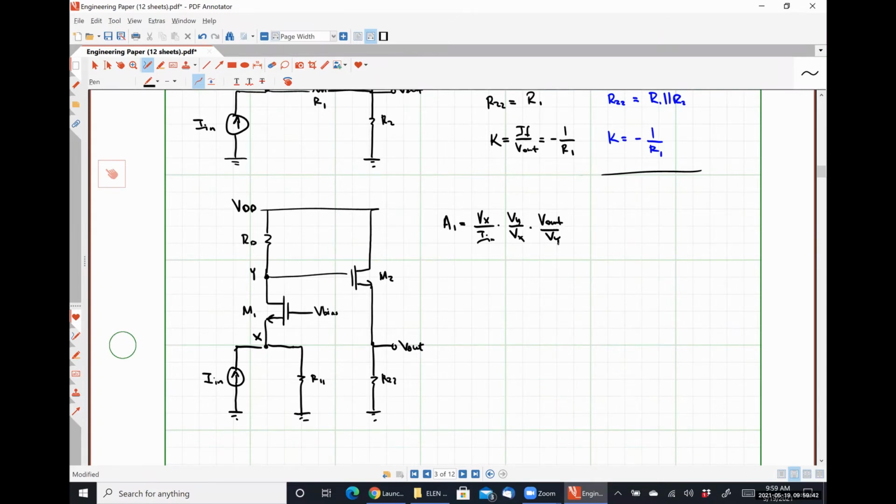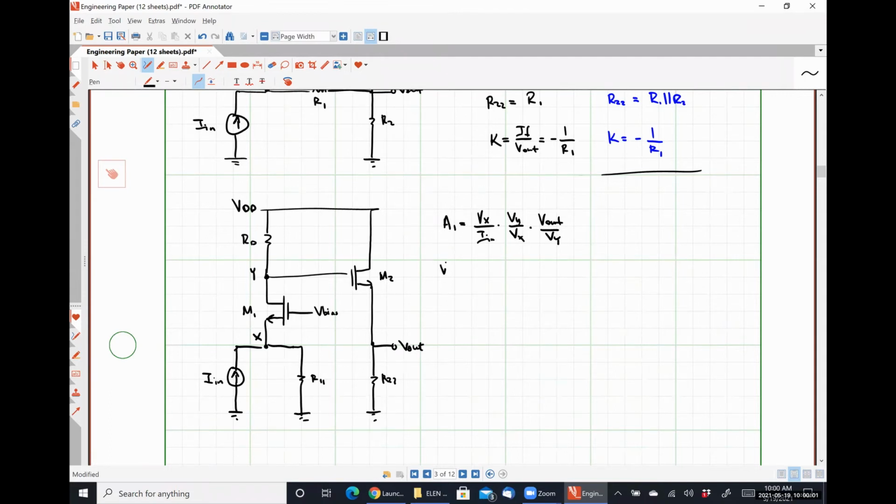So as Brian pointed out on Monday, he was absolutely correct. Our transfer function for our first bit here doesn't matter whether or not we're including channel length modulation in any way, shape, or form.